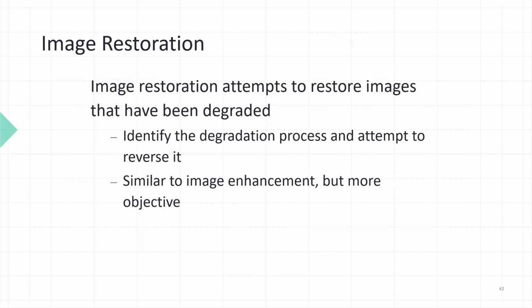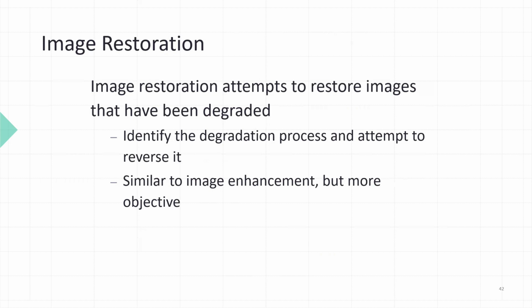Now, it is similar to image enhancement, but more objective. In image enhancement also, we try to enhance the hidden features. But here, along with enhancing the hidden features, we work on each important feature and attribute in the image.